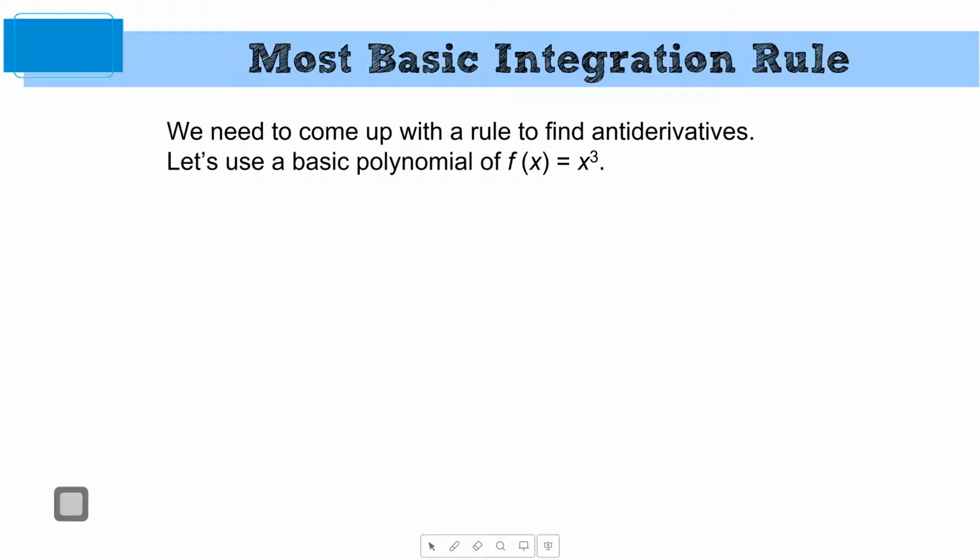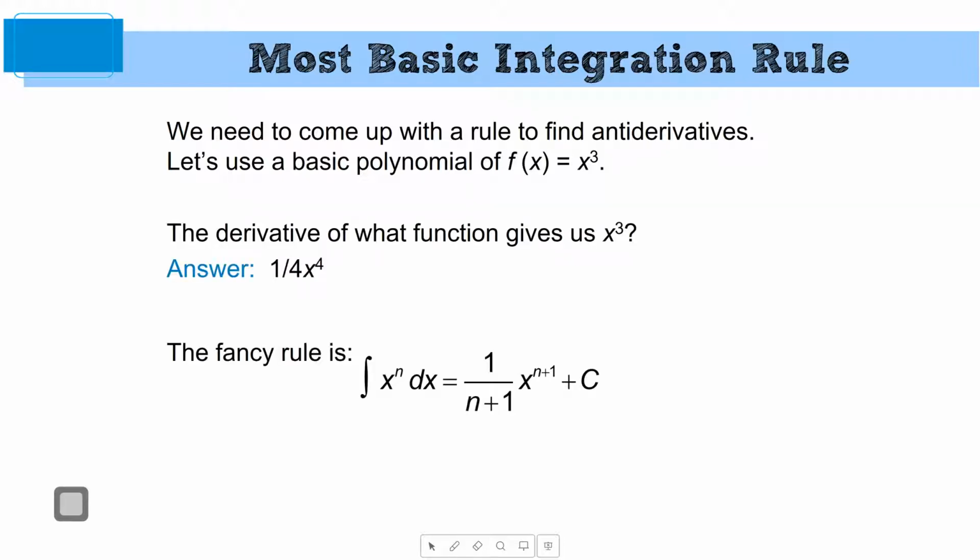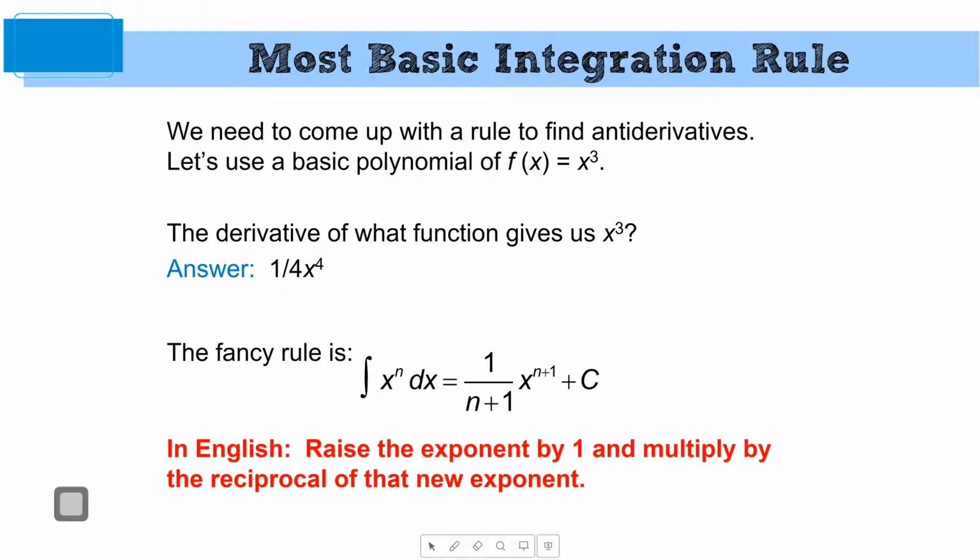Not bad. All right, so there's the rule, which is exactly what you said. Well done. And then in English, raise the exponent by 1, multiply by the reciprocal of that new exponent, which is pretty much what you said.